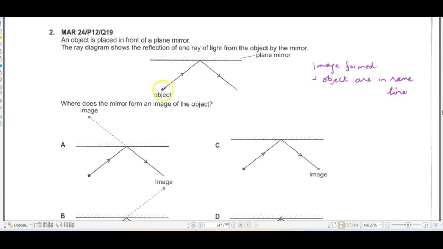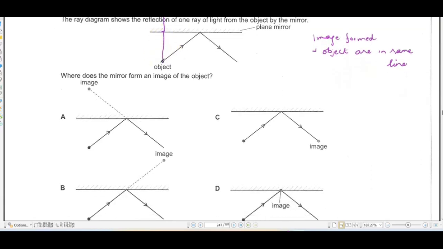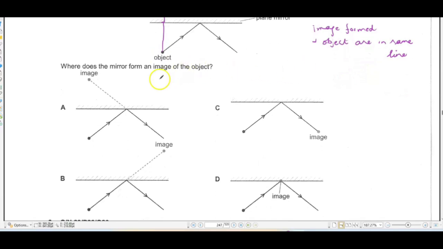So if you see that the object is over here and its distance is like this, the image is going to be just opposite to that at the same distance. You can calculate that. So if we look at our options, the object and the image are in same line and they seem to be at the same distance. So this is the correct answer.